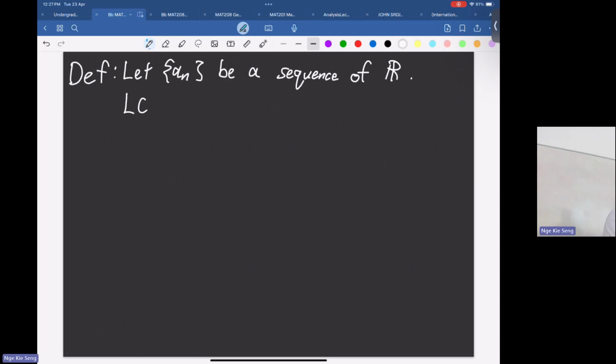So L in R is a limit, or is the limit. Last time I proved that the limit is unique, right. L is the limit of a_n if what? Does anyone recall? If n goes to infinity, then a_n is close to L.